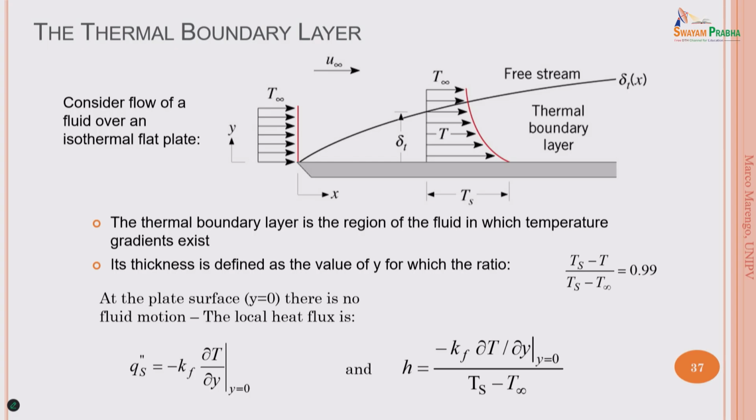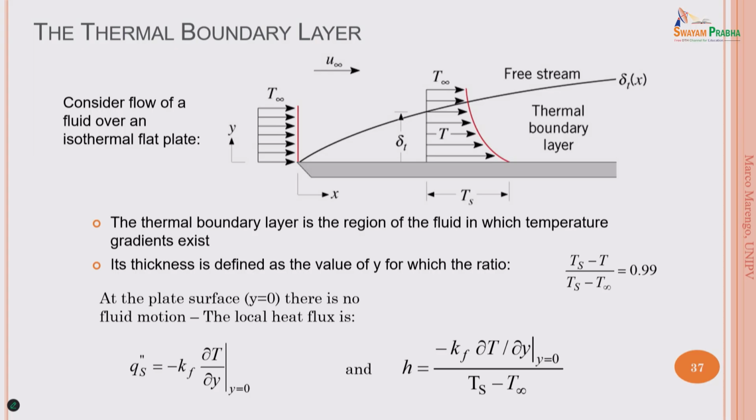The thermal boundary layer is something similar. If the wall has a different temperature with respect to the fluid, there is a region where we cannot neglect the presence of the wall, so where we cannot say that the temperature is the same as far from the wall.